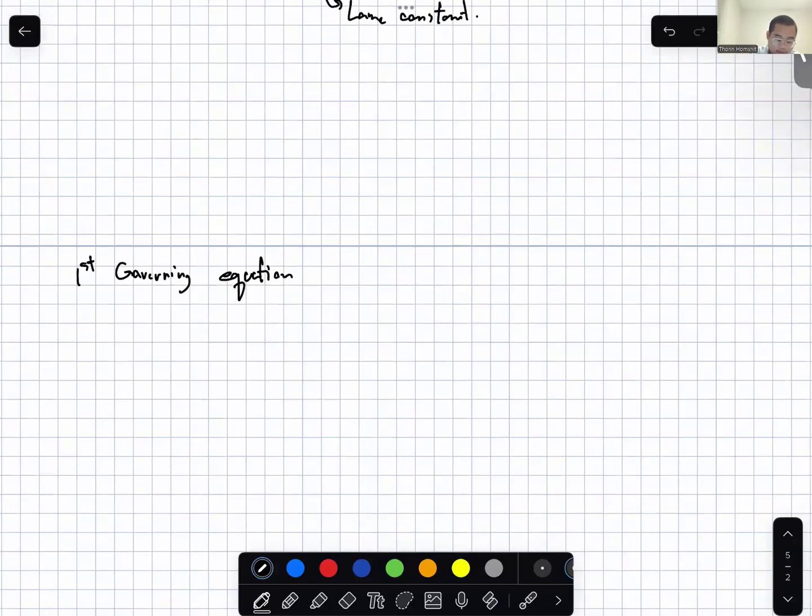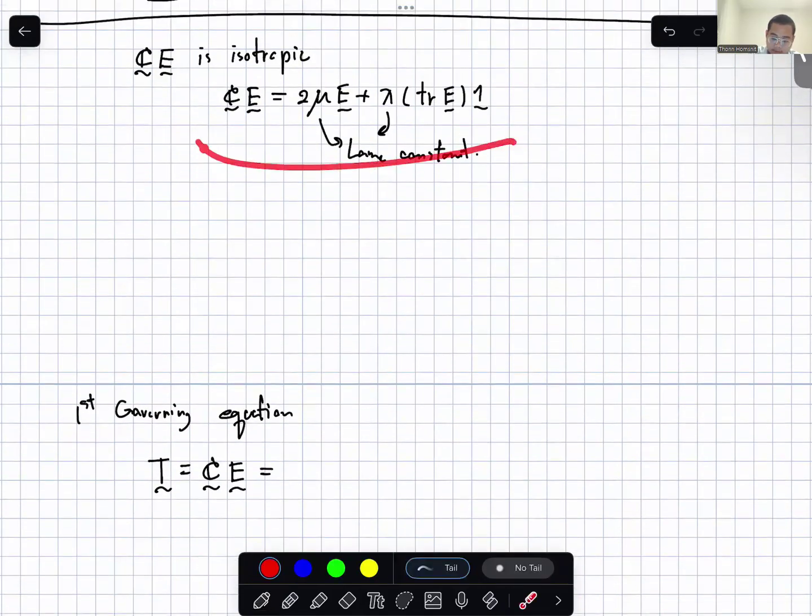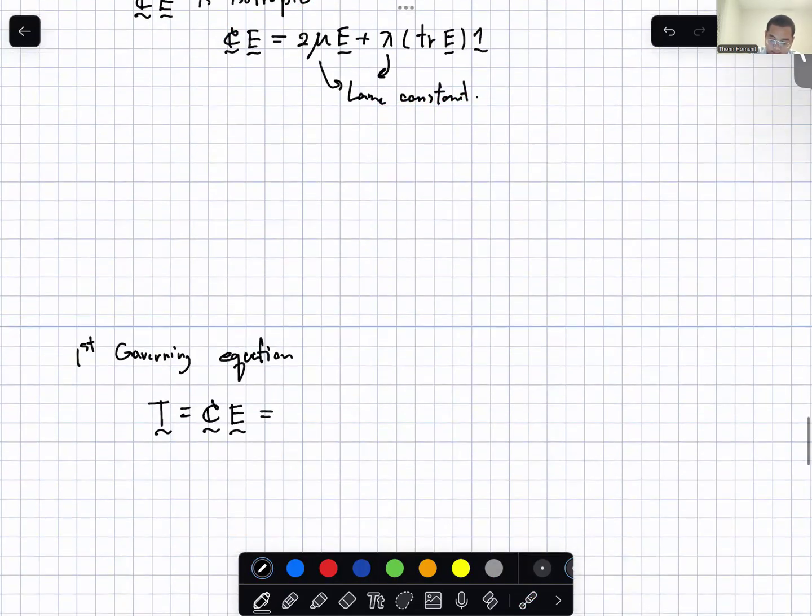So we can write that T, the Cauchy stress tensor, is equal to C, the elasticity tensor, times the Lagrangian strain tensor, and from the isotropic definition, we can write it down as T is equal to 2 mu times E plus lambda times the trace of E times the identity.